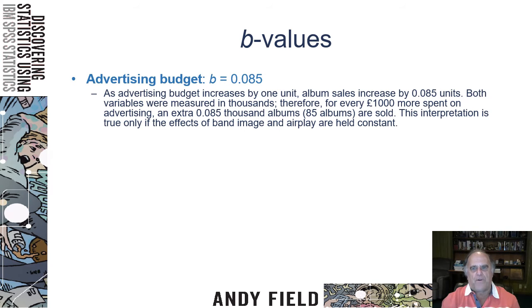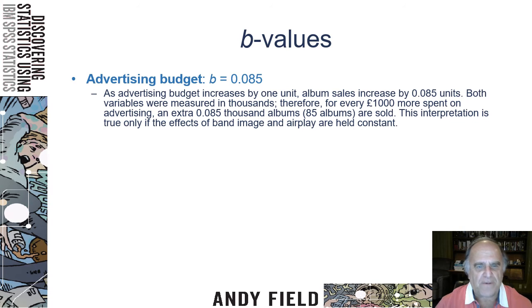So, for example, our B for advertising budget in this case was 0.085. So that means as advertising budget increases by 1 unit, album sales increase by 0.085 units.